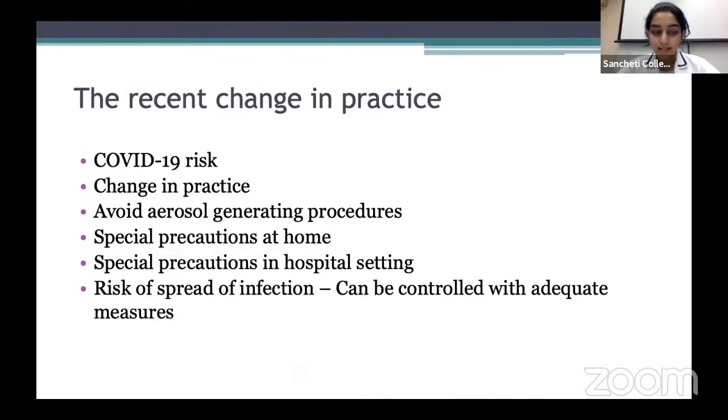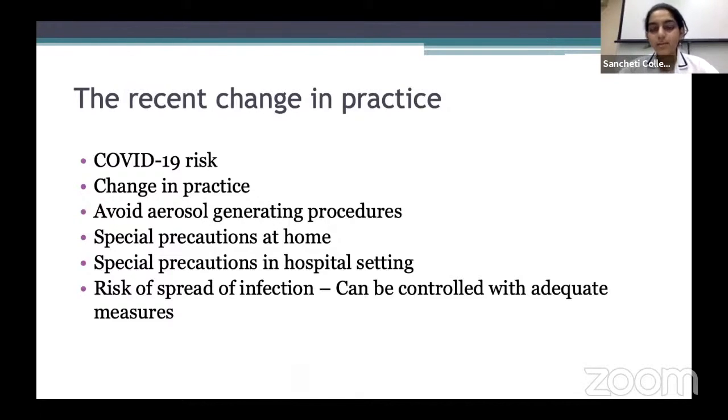Avoid using a nebulizer with other people around you. Preferably be in a secluded room of your house and then use the device. Avoid using it in a closed environment. Make sure that there are open windows or well ventilated spaces where you can use the device. And of course, maintain good social distancing.